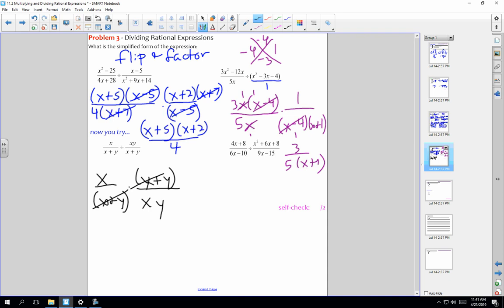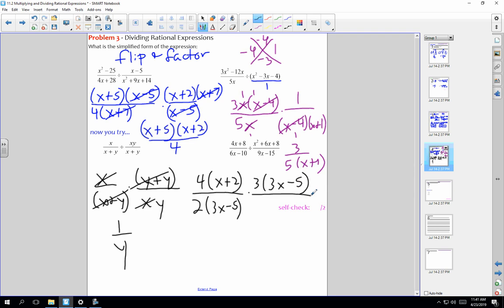The x plus y's cancel out, the x's cancel out, leaving just 1. On the second one, pull out a 4. On the bottom, you can pull out a 2. Turn it into multiplication. The 9x minus 15, pull out a 3.